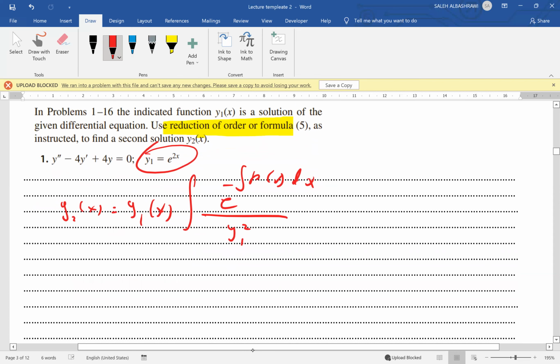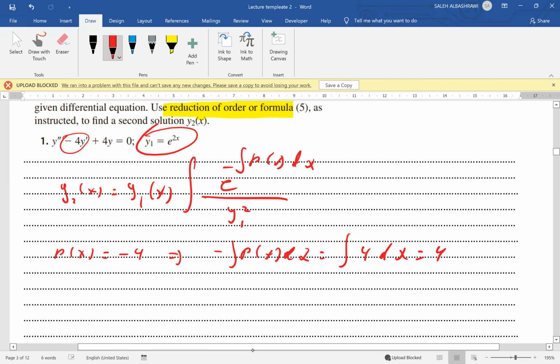b of x from this equation, 1 by 1, is equal to minus 4. So the integration of minus b of x dx will be integration of 4 dx, which is equal to 4x.